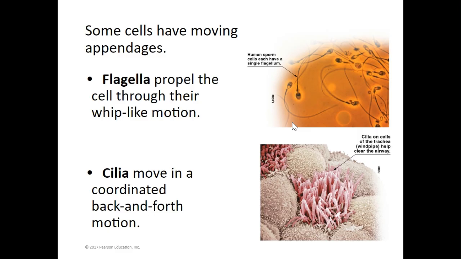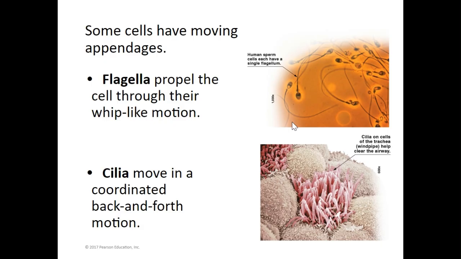So in eukaryotic world, we have flagella, and that's the same as prokaryotes. Those are the longer whip-like structures on the outside of cells that can move cells through space. And human sperm, really all sperm that I know of, have some type of flagellum. And then in eukaryotic world, we have something very similar to pili, which is cilia.